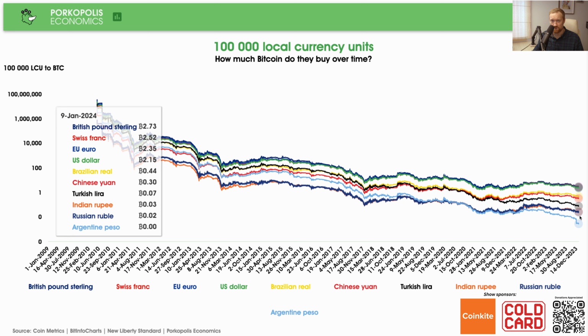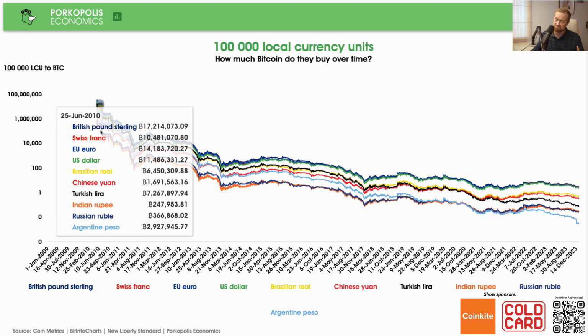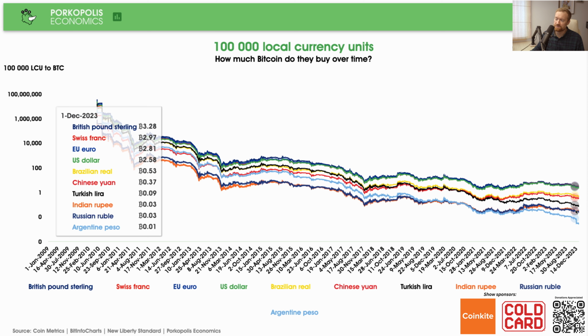January 9th, 2024, 15 full years after Satoshi Nakamoto released the code to the world, 15 full years and 6 days after Satoshi Nakamoto launched the Genesis block, 100,000 local currency units in any currency went from basically buying the entire network, even though it was not possible with the liquidity at the time or even the coins issued at the time, to today, 15 full years later, going down, down, down, all fiat exchange rates falling in value versus 1 BTC.